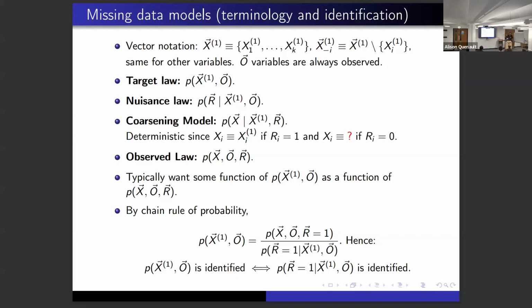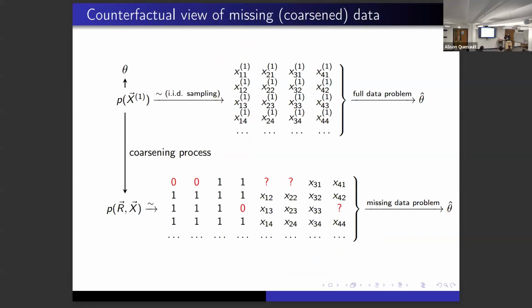Now, if you're MAR, maybe that won't be true, but in general, it will depend on this, and then you have to be careful. Because of chain rule, essentially identifying the target law is the same thing as identifying the propensity score, the nuisance law, evaluated at R equals 1. They're the same problem. If I know one, I know the other, because it's a transformation up to that observed numerator, basically. Okay, so this is just some very basic preliminaries.